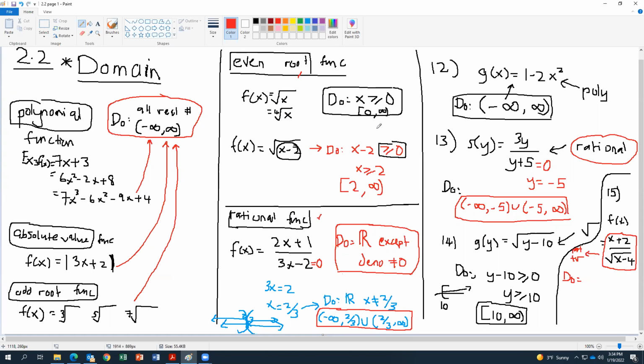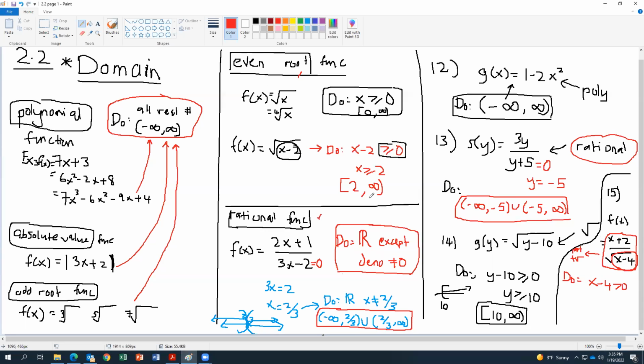Now, when you put these two together, even root plus the rational function, like number 15, then your domain in this case is whatever is inside this has to be greater than 0. Now, if you remember last time when you do the even root, it has to be greater than or equal to 0.